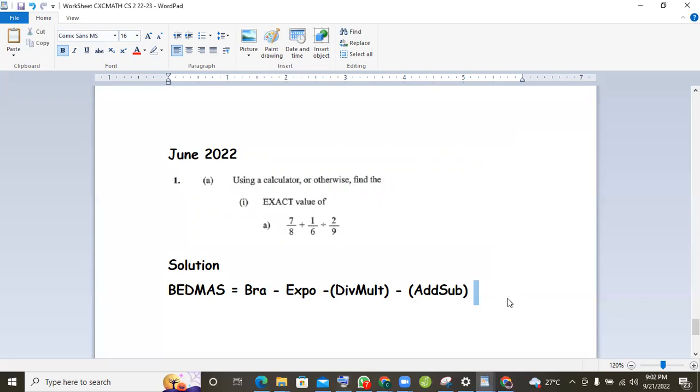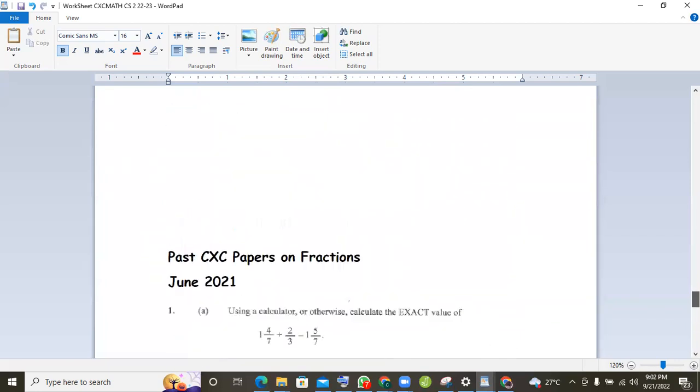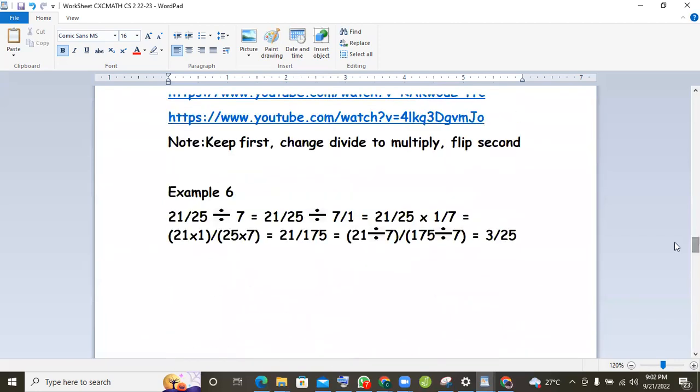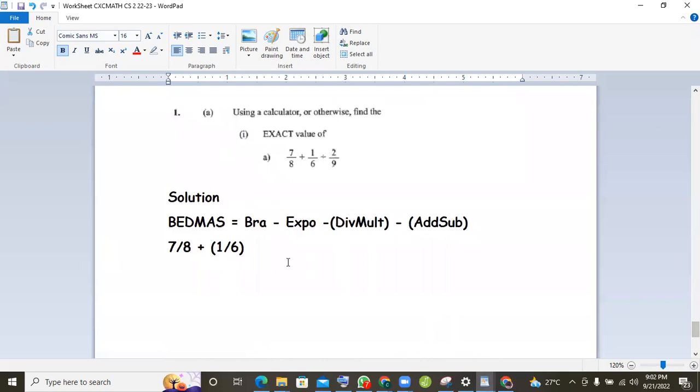So in the solution of this question, you may want to keep the 7/8, put a plus, and in a bracket put 1/6 divided by 2/9, to stress the fact that you must do what's inside the bracket first. You must do division before addition.